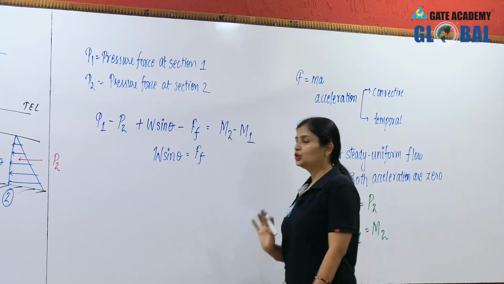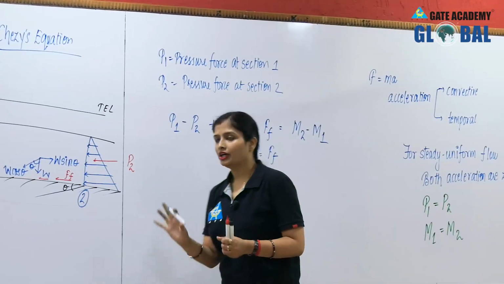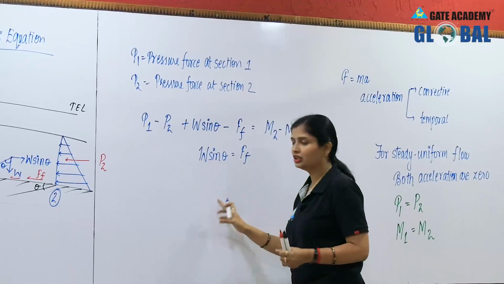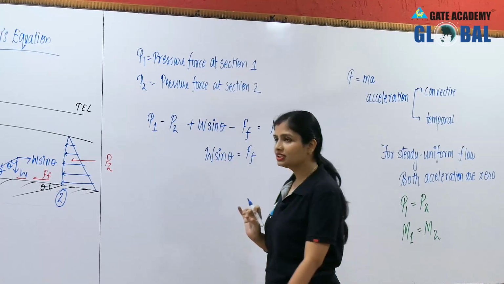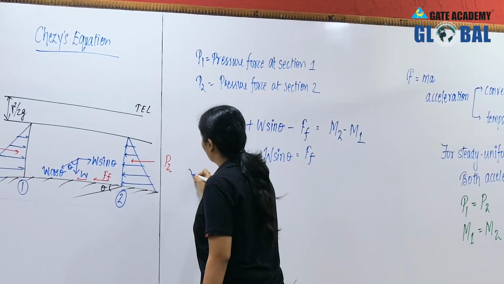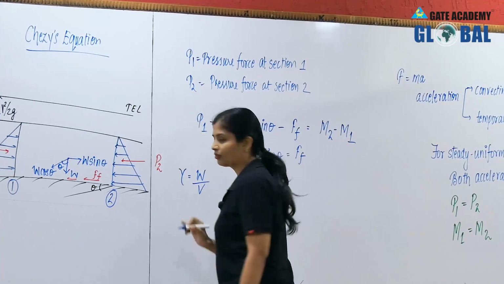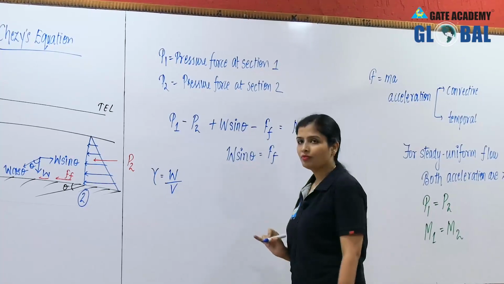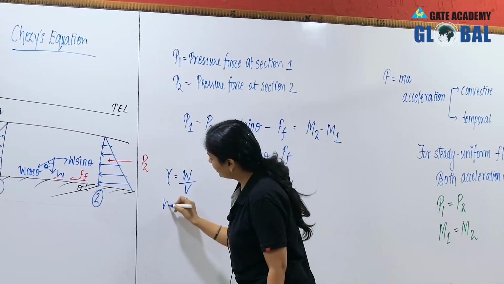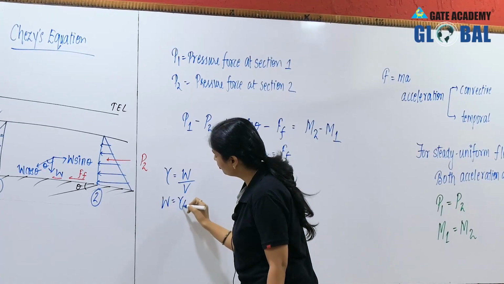Now, two things I will do to make this expression more precise. First thing, you know that gamma is equal to weight upon volume. So now weight can be written as gamma into volume.